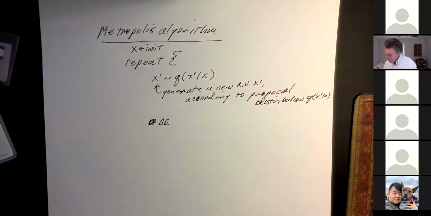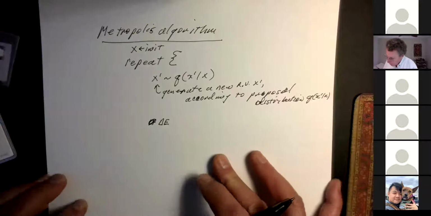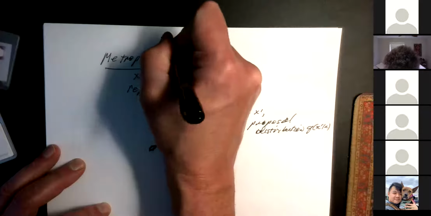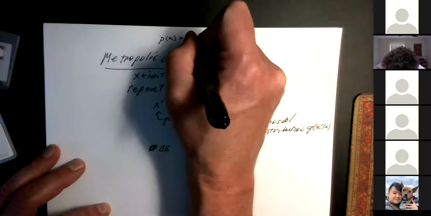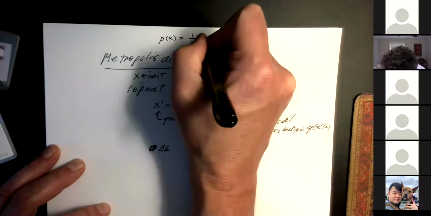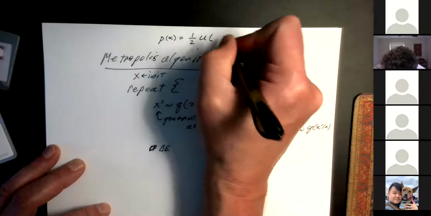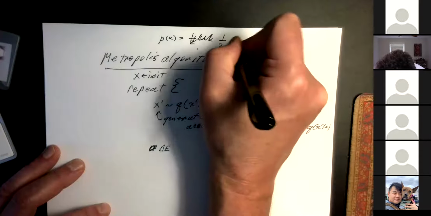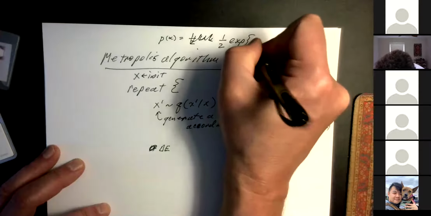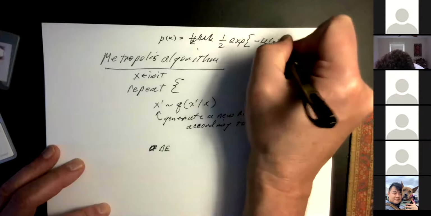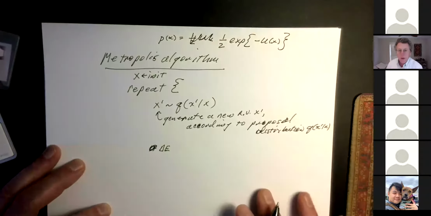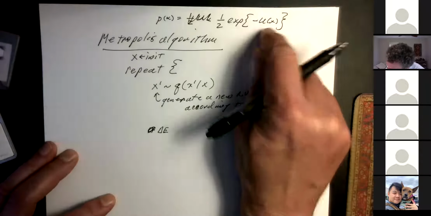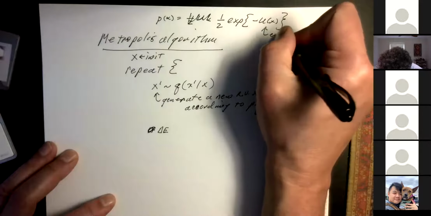Right, so I'll write that up here. We'll have that P of X equals 1 over Z, where Z could be any constant, times exponential of minus U of X. Okay, so this thing U is called the energy.